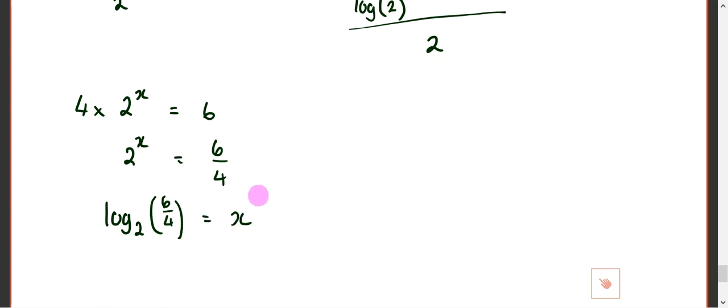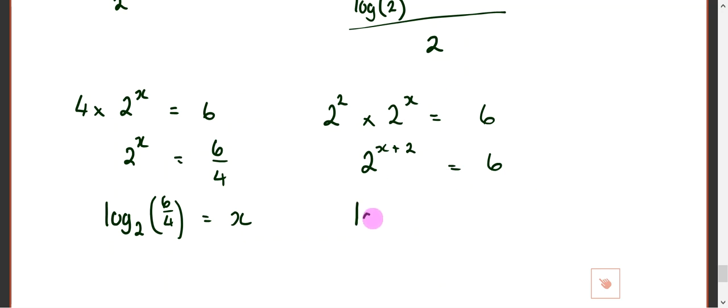That's one option. But, as Steph said, what we could actually do is say, well, 4 is 2 to the power of 2, times 2 to the power of x equals 6. And what does this then become? 2 to the power of x plus 2 equals 6.